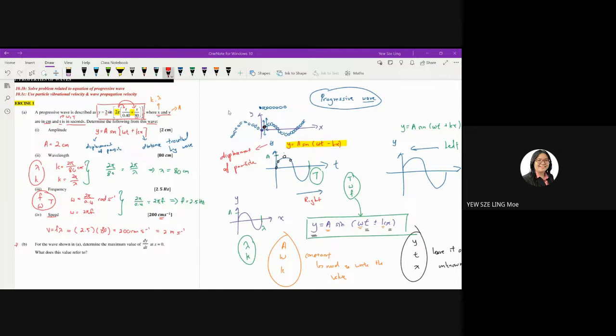Okay, kalau ada soalan boleh tanya ya, because this is still the basic. Okay, we are still learning the basics of a progressive wave, just the equations. So kalau equations anda tak faham, nanti bila kita nak buat sketching, anda akan lagi pening.